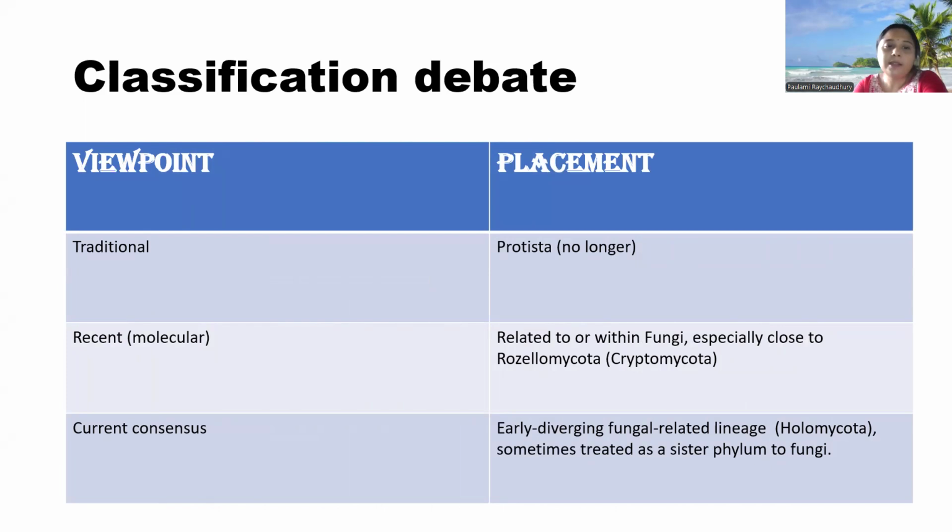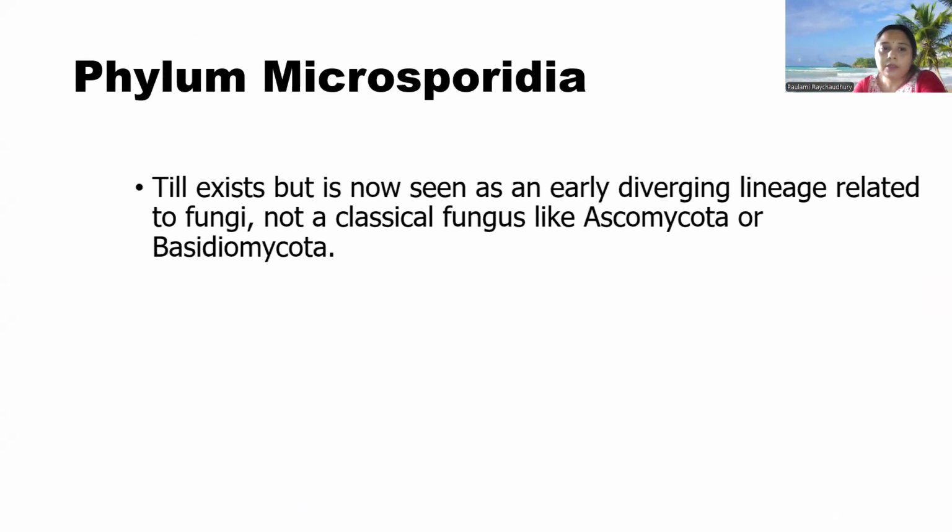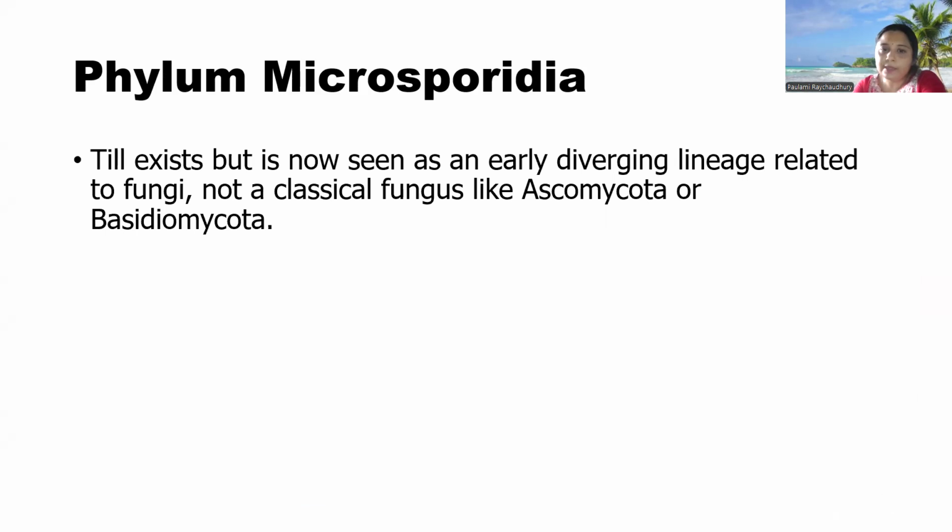Recent placement, from the molecular viewpoint, is related to fungi or within fungi, especially close to Roselomycota or Cryptomycota. Current consensus: an early diverging fungal related lineage, Holomycota, sometimes treated as a sister phylum to fungi. So it still exists, but is now seen as an early diverging lineage related to fungi, not a classical fungus like Ascomycota or Basidiomycota.